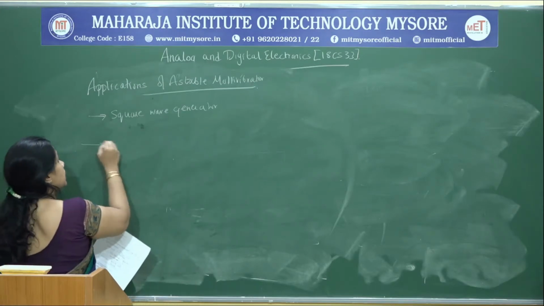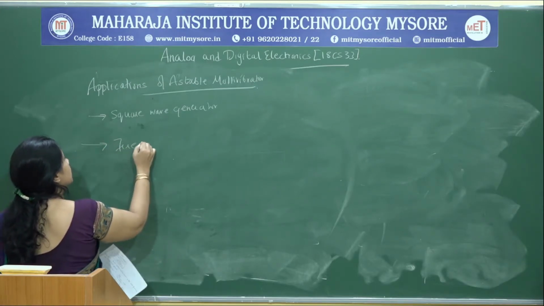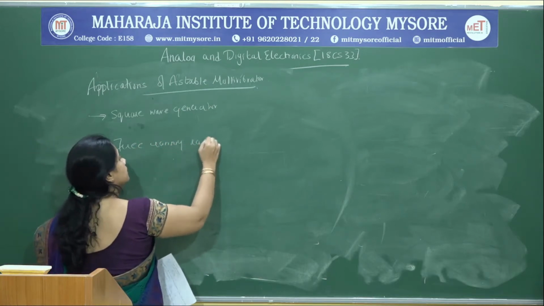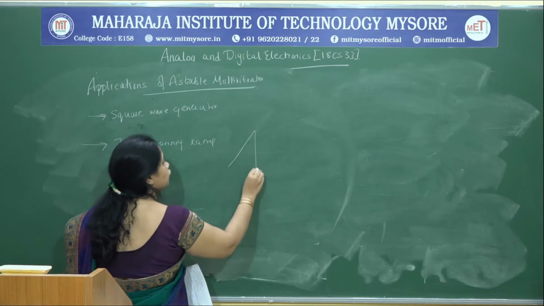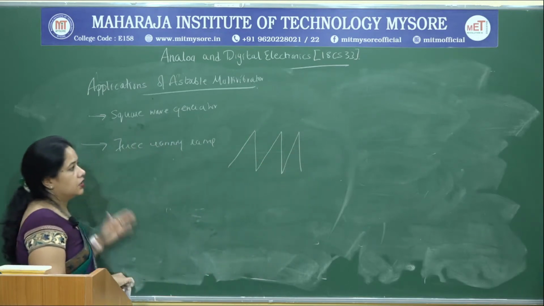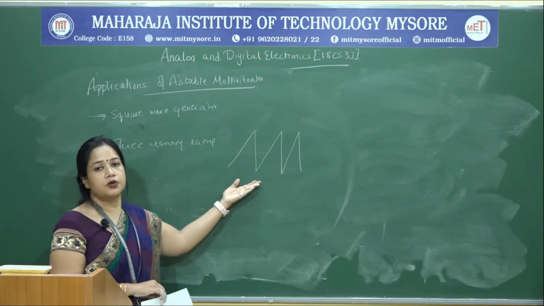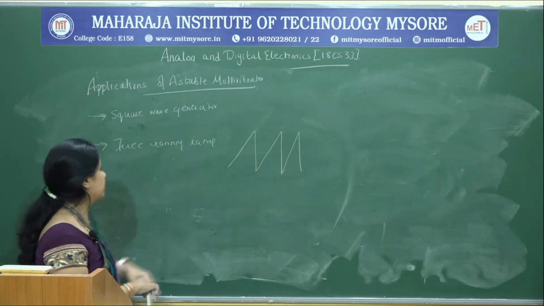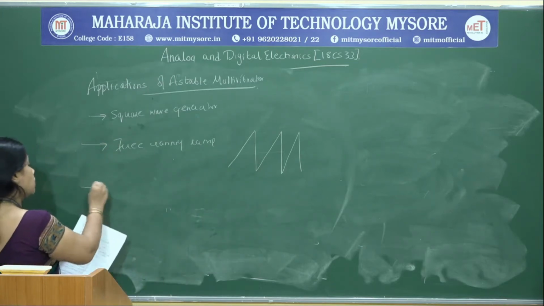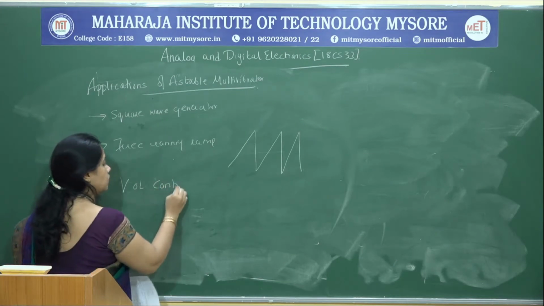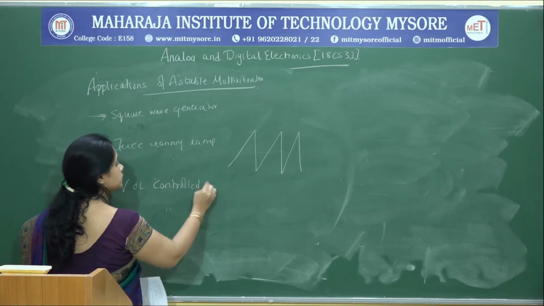And next is a free running ramp generator. With a few modifications, you can see that your astable multivibrator can be converted to produce a ramp waveform, something like this. We also have the voltage controlled oscillator.